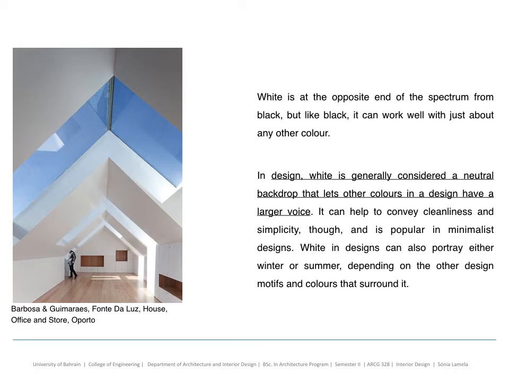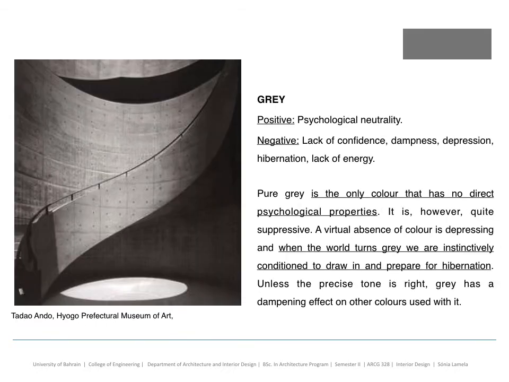And normally white is used in, I would say, 70 to 80% of interior design or even architecture projects. The gray, they say that the pure gray is the only color that has no psychological properties. It's important to understand how the colors in architecture are so related to the material.